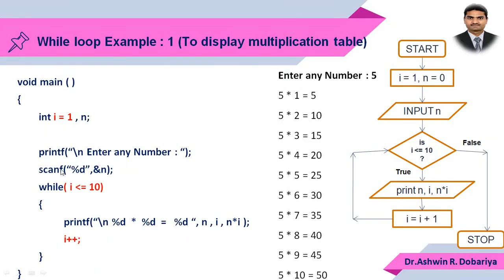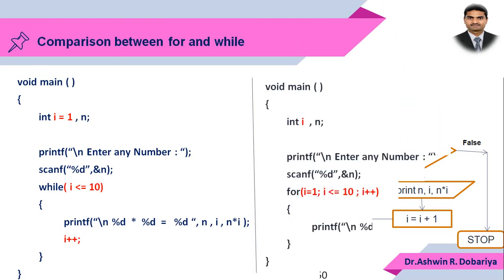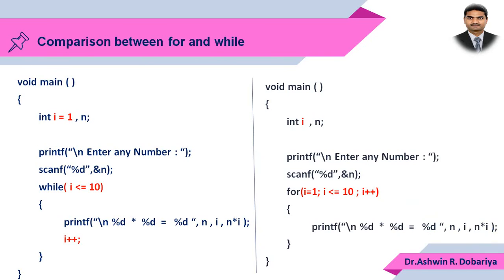So this is one way to write the while loop, and generally we write the while loop in that format. Initialize the counter variable before the while, mention the condition with the while, and put the increment or decrement within the block of the while. Now let's see the comparison with the for loop. In a for loop the initialization of the counter is generally mentioned in the for statement, but here initialization is before the while.